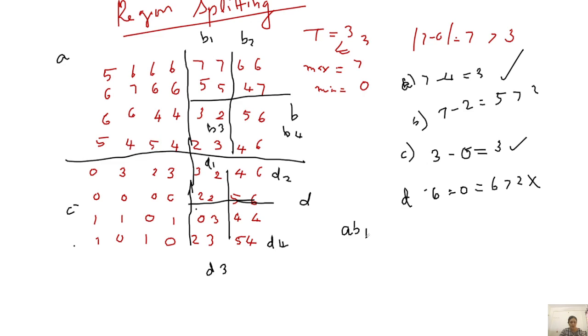What is the minimum pixel? It is 4. 7 minus 4 is 3, so I am going to merge A and B1. Now I check A, B1 and B2. The maximum pixel is 7 and the minimum pixel is 4, right? So I can merge A, B1 and B2 also.